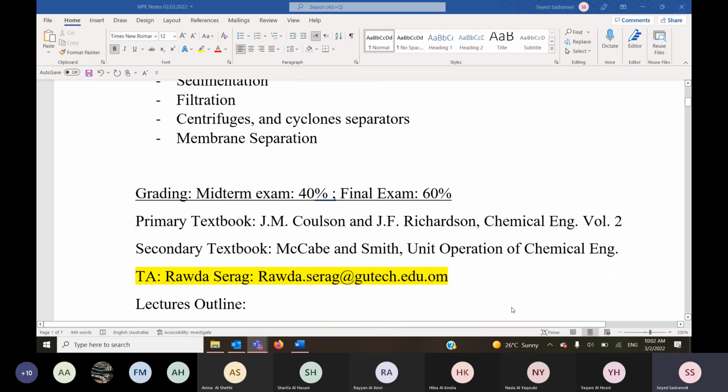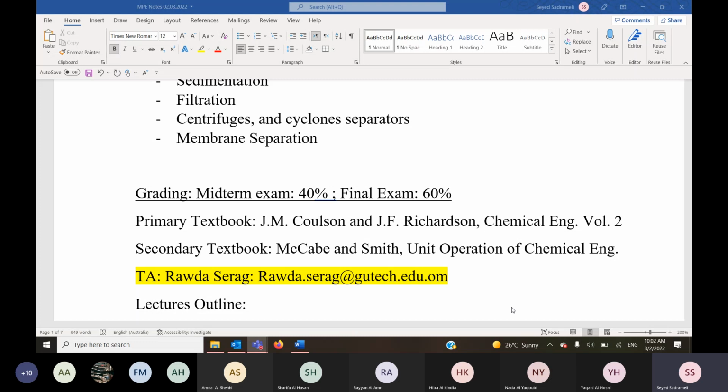For the grading or assessment, we have two assessments: the midterm, 40%, and the final, 60%. There is no homework or quizzes. However, we have some tutorials in which some exercises will be given.